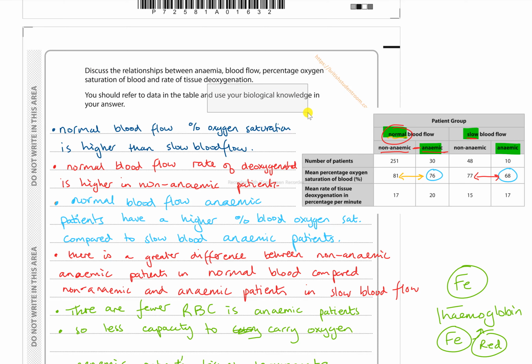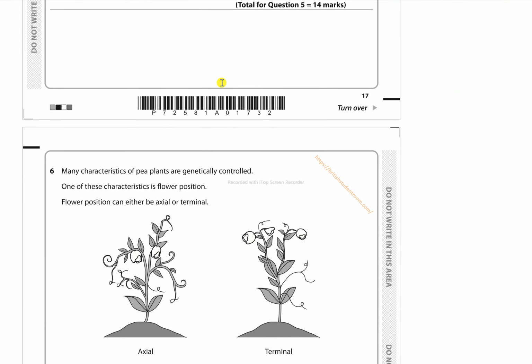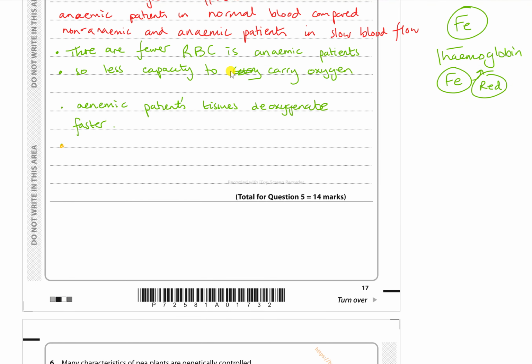And use your biological knowledge. Okay, right, fair enough. So we do know things like lifestyle choices can lead to sort of health problems.